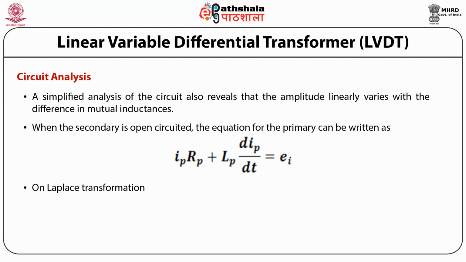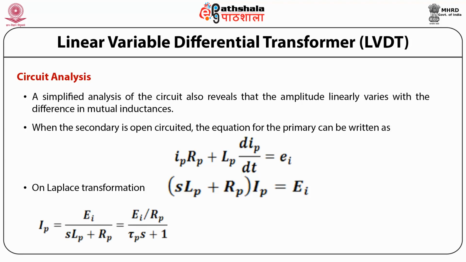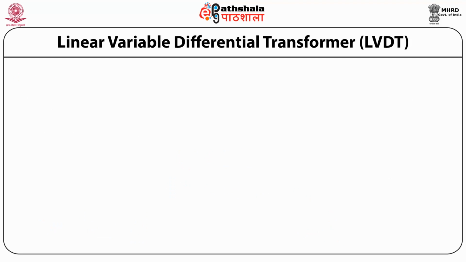Taking its Laplace transform, it yields (s Lp plus Rp) multiplied by Ip equal to capital Ei. Now we can write Ip equal to Ei by (s Lp plus Rp), equal to Ei by Rp divided by (tau p s plus 1), where tau p is Lp by Rp.